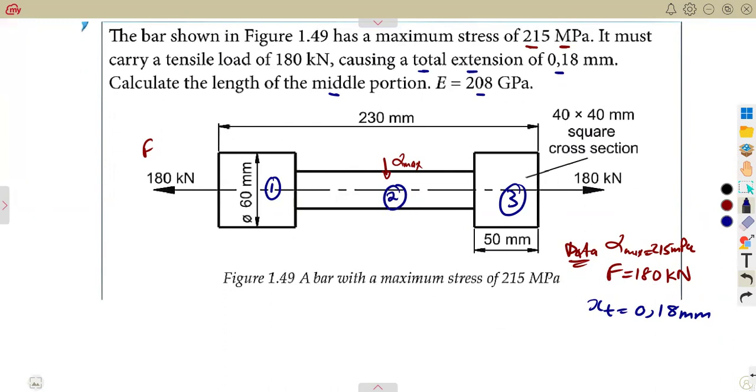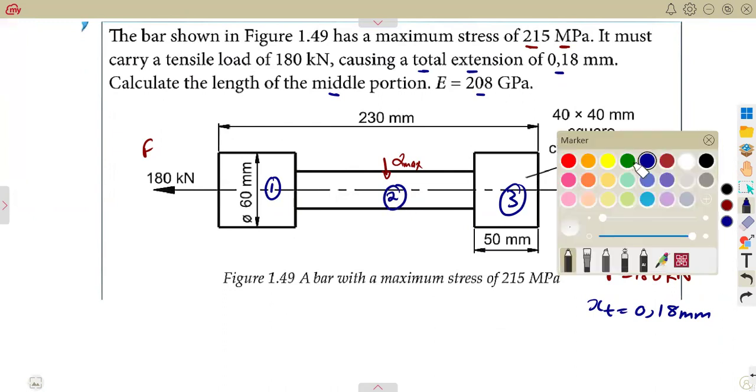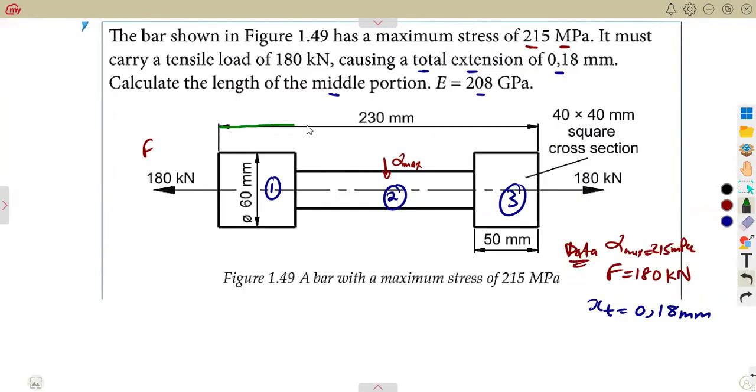So in terms of the length, we can see that we have got this total length, this one, the 230 millimeters, which is equal to 0.23 if we divide by 1,000. And we are given this piece, the length of the last part here, 50 millimeters divided by 1,000, that's 0.05 meters.